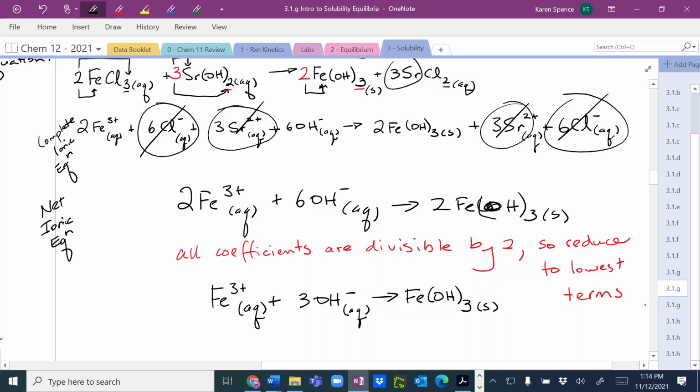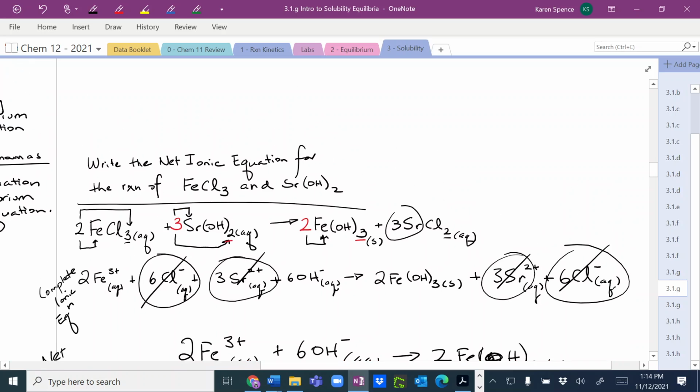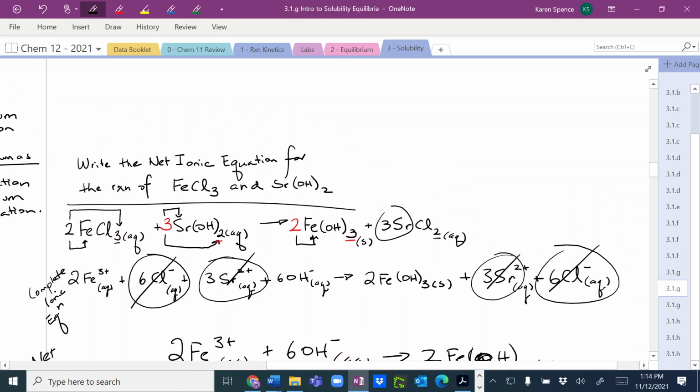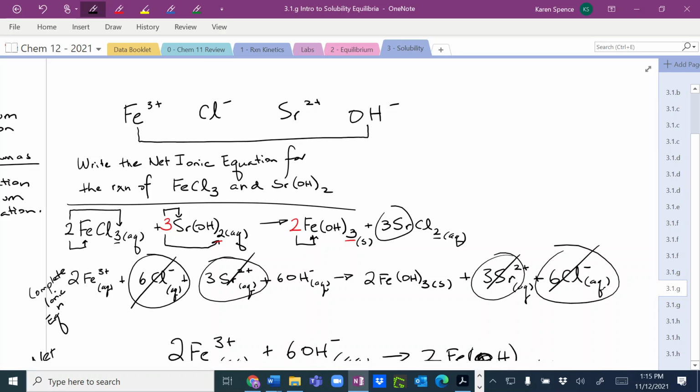If you are not already able to do that and you would like to, you go through the same process where you ask, what are my ions? I have iron, chloride, strontium, and hydroxide. When I combine those, I ask myself, is that soluble or low solubility?